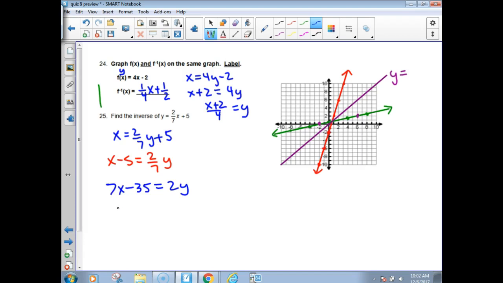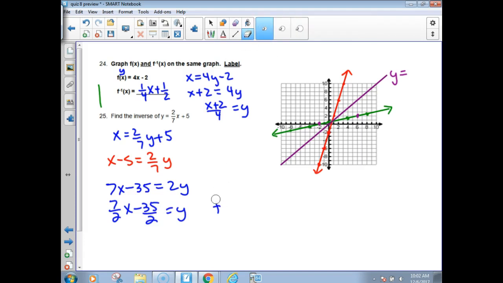You're going to divide each piece by 2, so it would be 7/2 x minus 35 halves. And then you should rewrite this. I won't make you write the inverse notation since that already said y, so just turn it around. Y equals 7/2 x minus 35 halves.